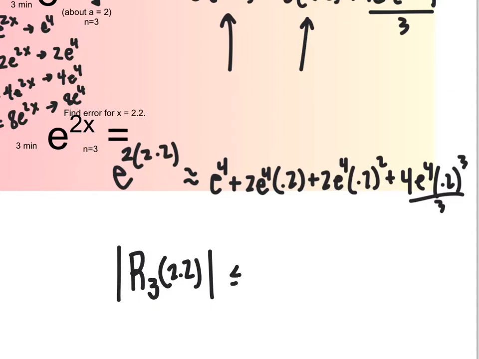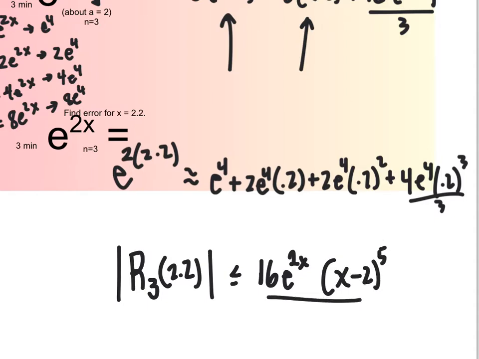Okay, the fifth derivative will be 16 e to the 2x, times x minus 2 to the fifth power over 5 factorial.